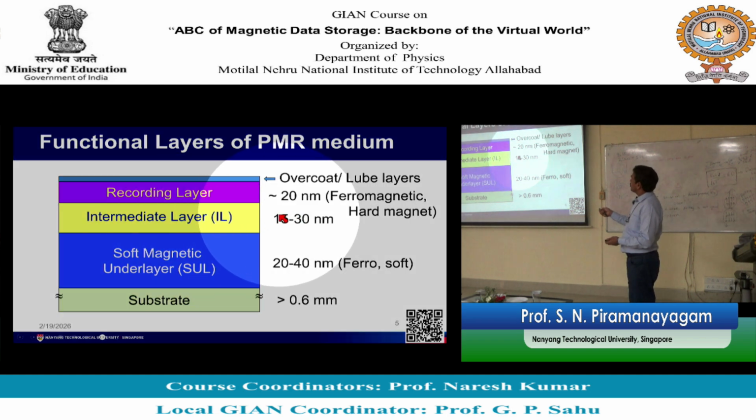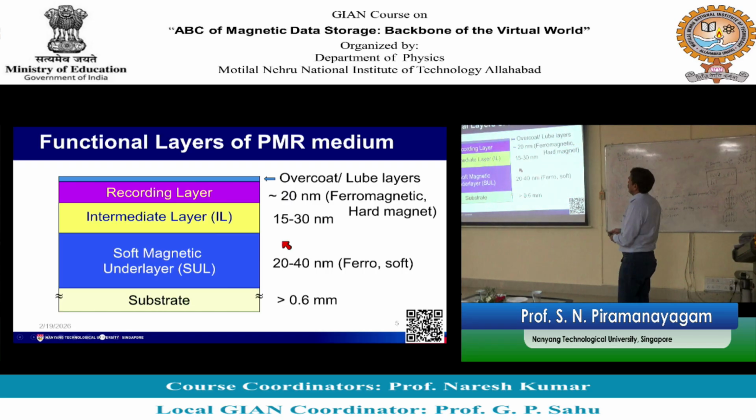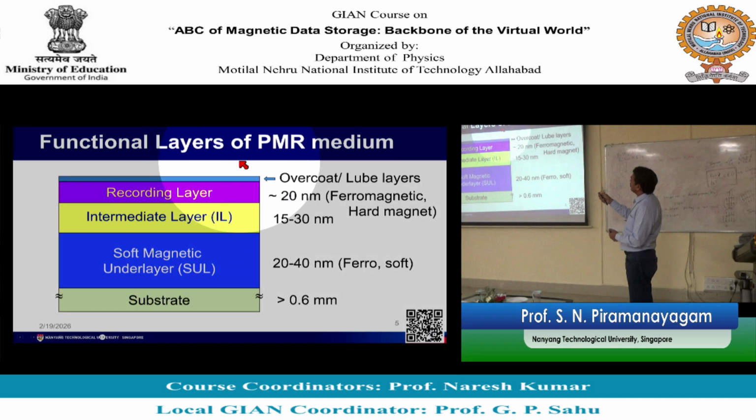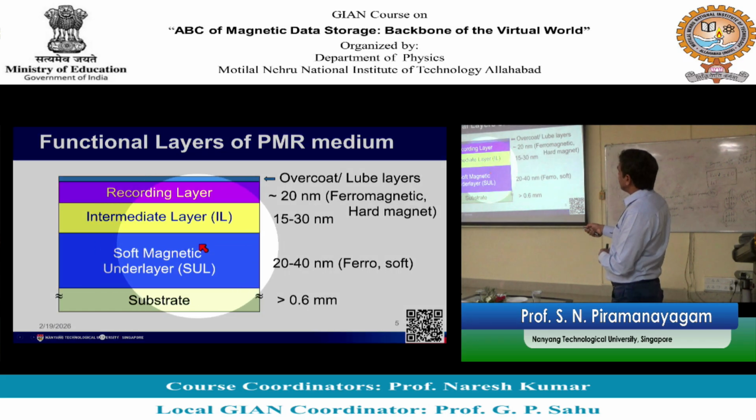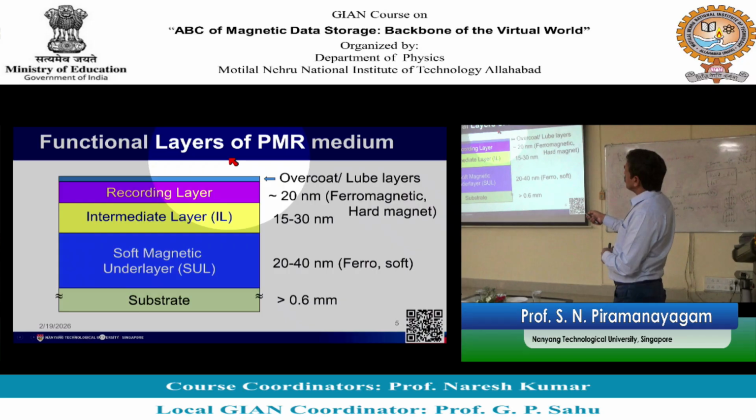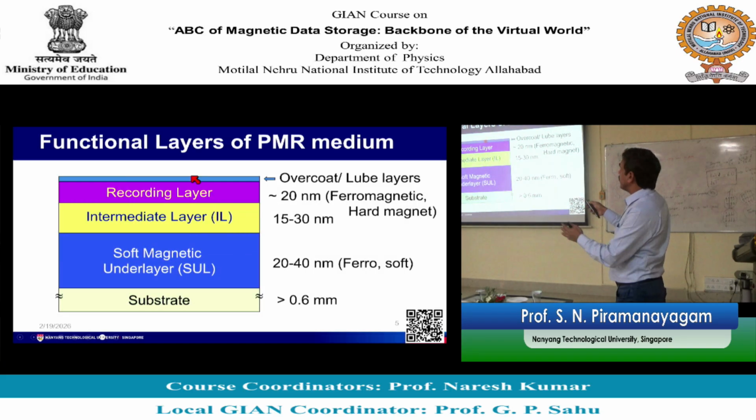If you make this thickness very large, then your head is far away from the soft underlayer. Okay. So, you want to make the soft magnetic underlayer as close as possible to the writing head. The writing head is somewhere here. It is producing a magnetic field and it will diverge, right.